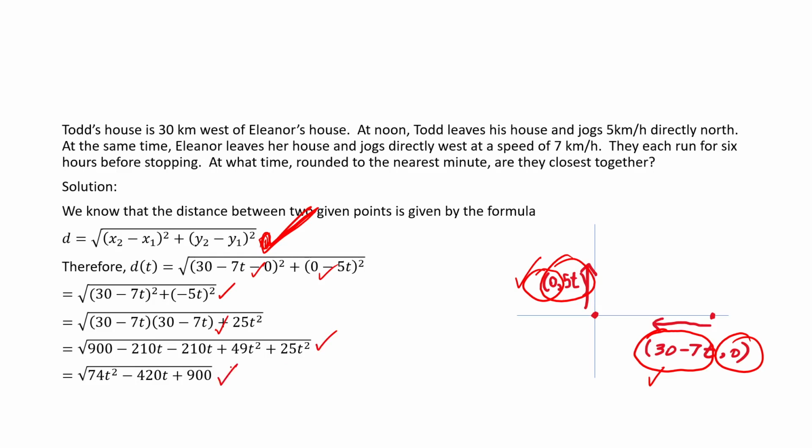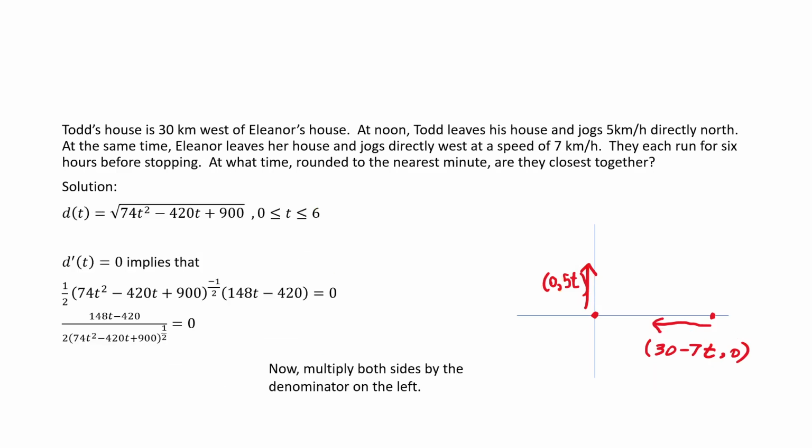And ultimately our distance formula will be the square root of 74t squared minus 420t plus 900. Now, the domain is actually given in the question by saying they run for 6 hours before stopping. So our domain will be 0 less than or equal to t less than or equal to 6.